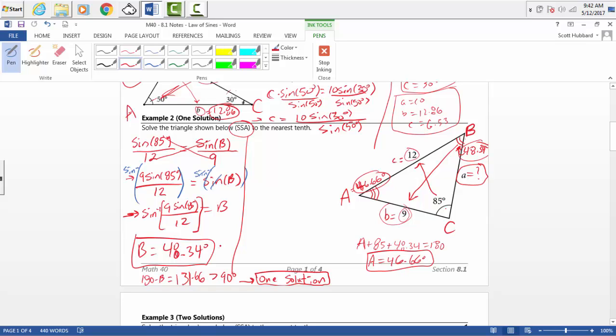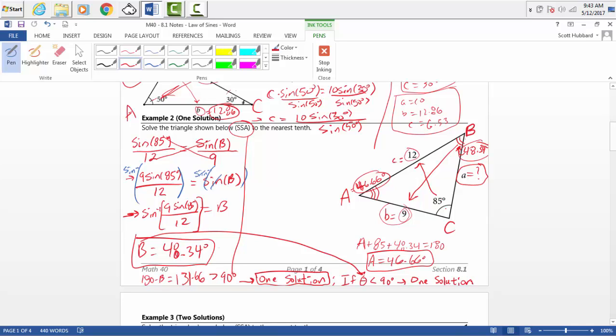So let me write that as a summary. An even faster way to check is that if the angle you found from here, which I called B, is less than 90, then there's only going to be one solution, and we're good to go.